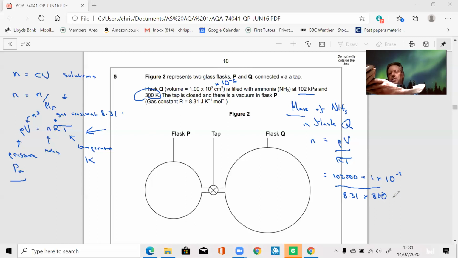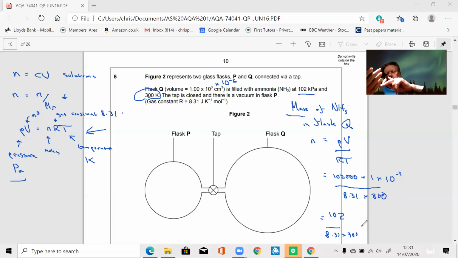Next thing is we need to work out fairly quickly what that sum comes to. So if you could work out what 102,000, well, basically we're going to divide that by 1,000, aren't we? So it's 102 on the top over 8.31 times 300. So if you could work that out, I'll work it out as well.